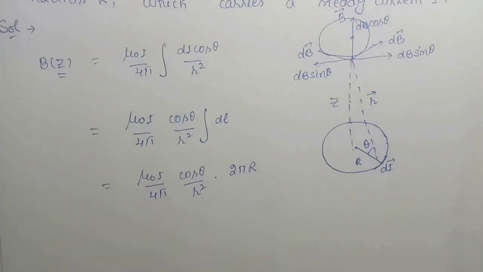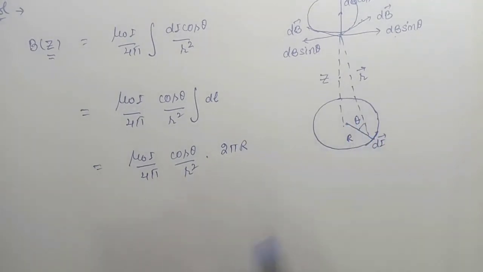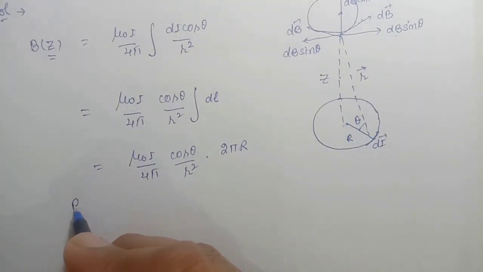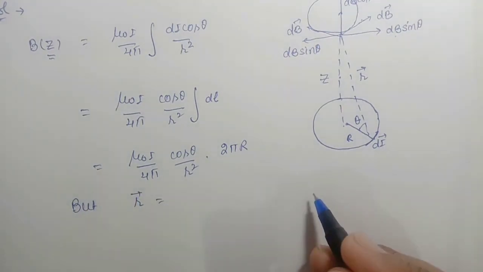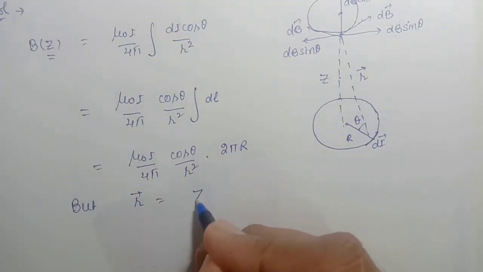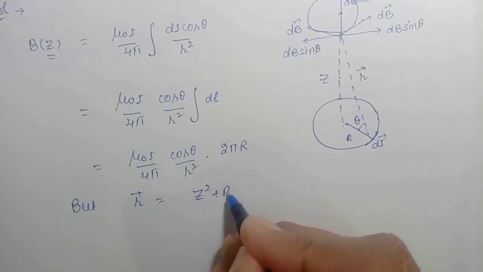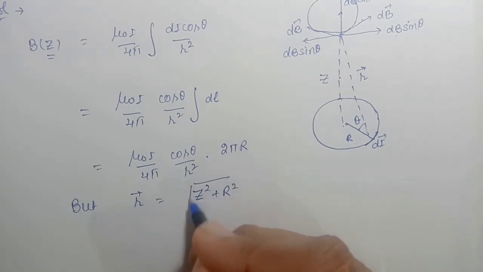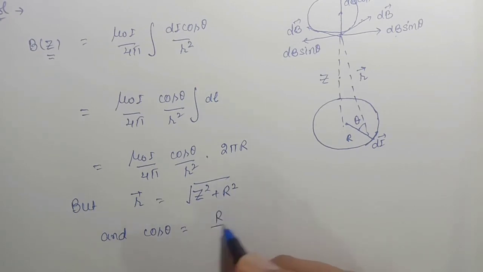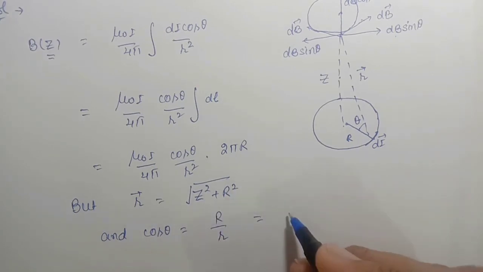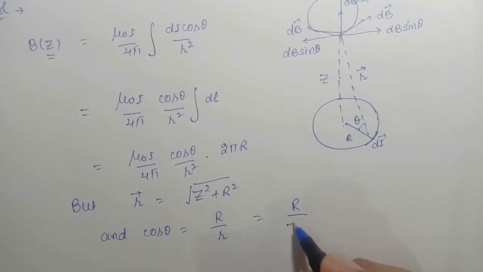clear? Further, as per our figure, vector r, as per the Pythagoras theorem, equals the square root of z square plus r square, and cos theta equals r over small r, where small r is the square root of z square plus r square.